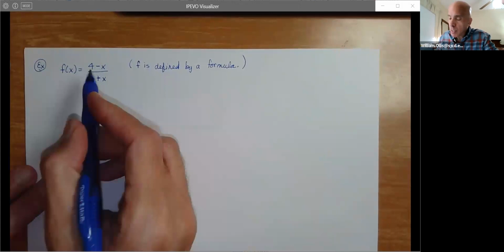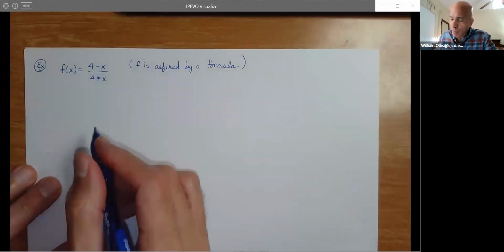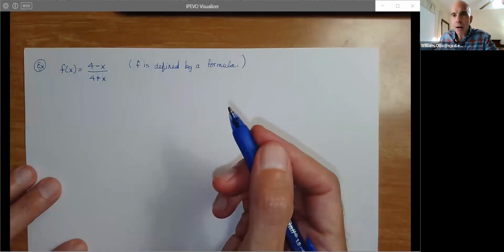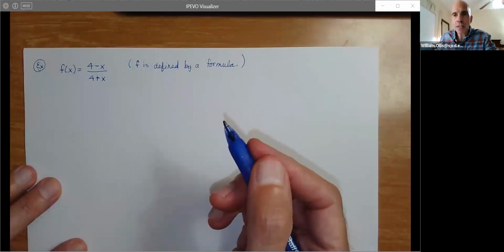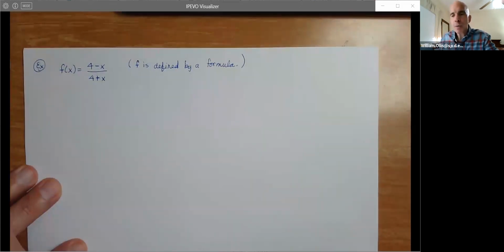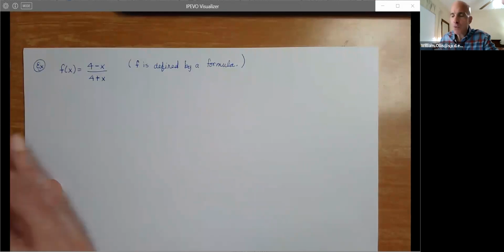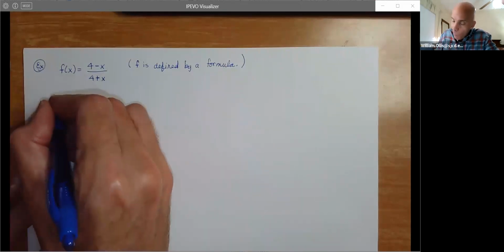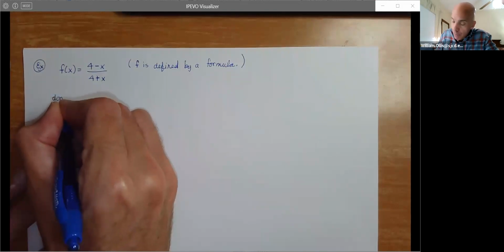Now, when we look at this, let's just practice a little bit. First, before we do anything, let's go ahead and look at the domain. Because, for instance, if you were tutoring someone and they said, well, let's evaluate this function at some elements, the first thing you would say is, let's determine what the domain is. So we could say domain of f.